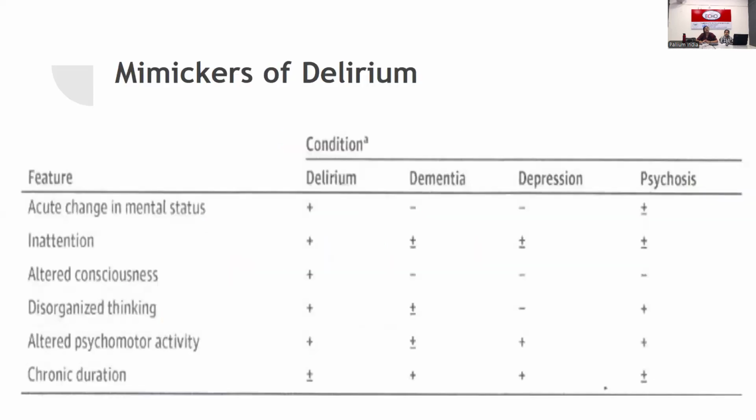Now coming to the mimickers of delirium. See, there are different things like delirium, dementia, depression, and psychosis. This should be in your mind: how delirium is different from psychosis, how it is different from depression, and so on. The first thing is acute change in the mental status. The difference between delirium and dementia is very important because most of the time we get confused between the two.